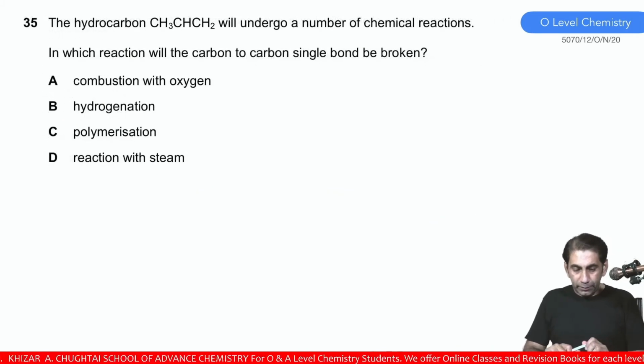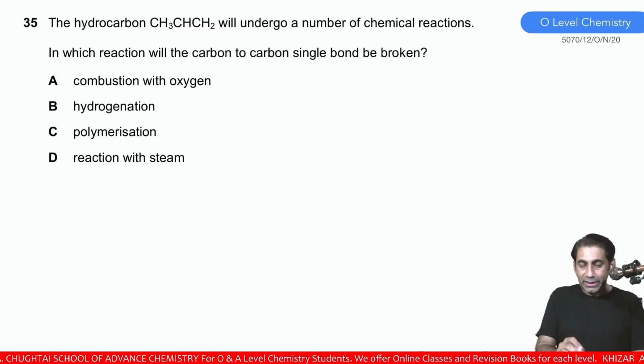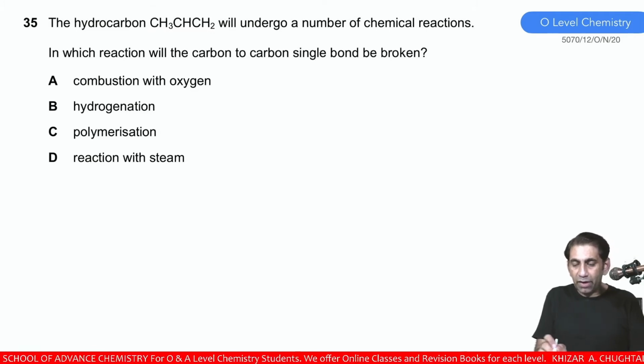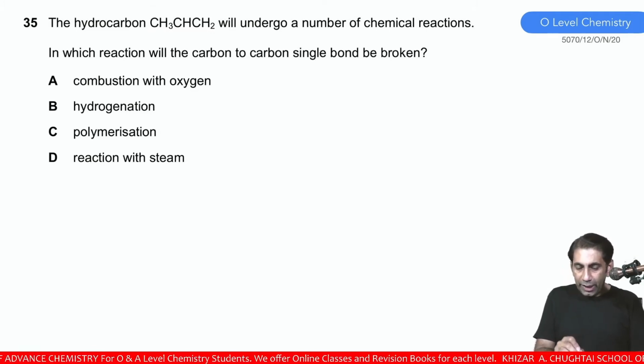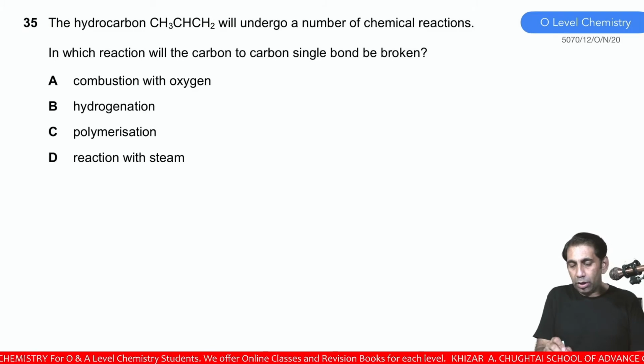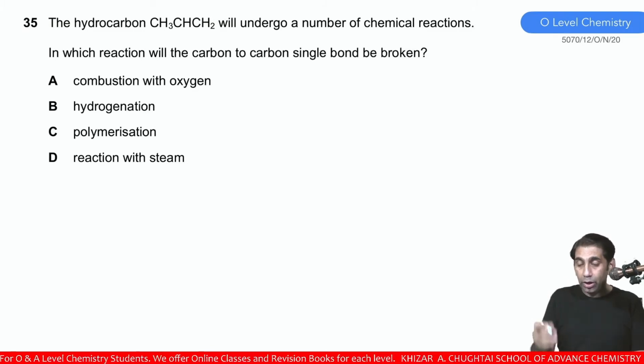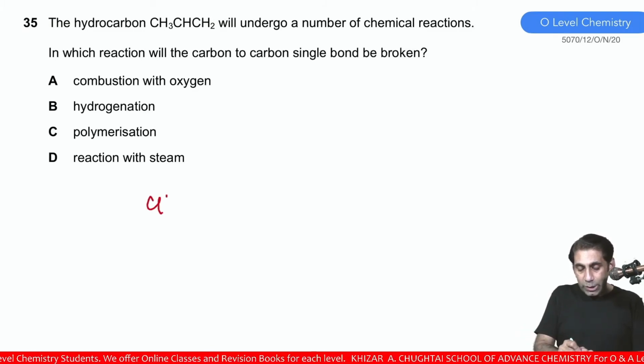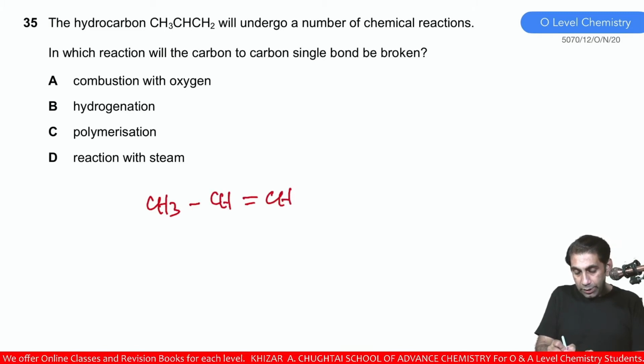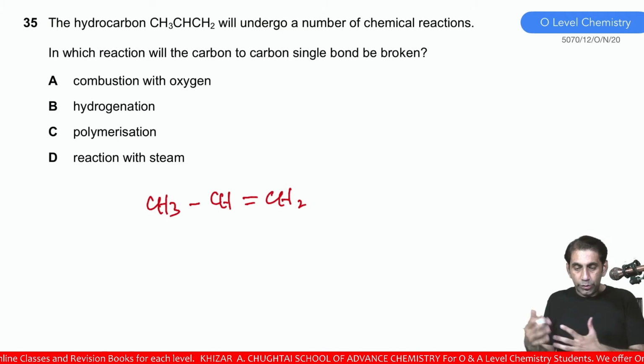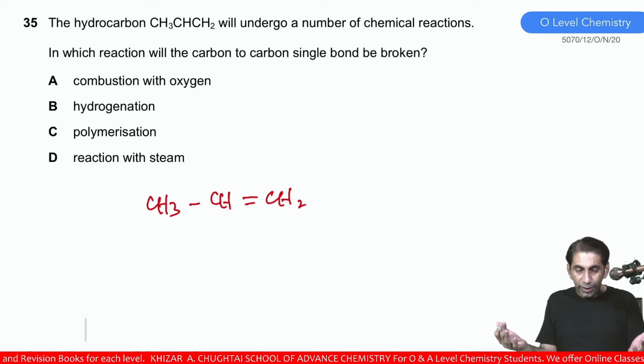The next one. The hydrocarbon CH3CH2 will undergo a number of chemical reactions. In which reaction will the carbon-carbon single bond be broken? This one is propene, CH3CH=CH2, and it reacts in different ways.